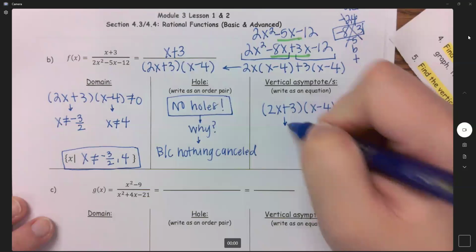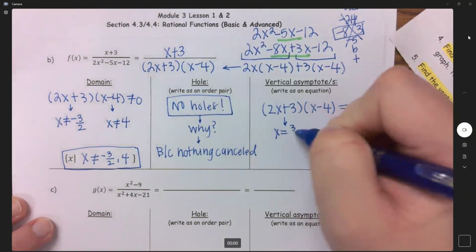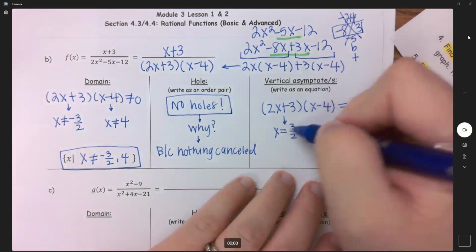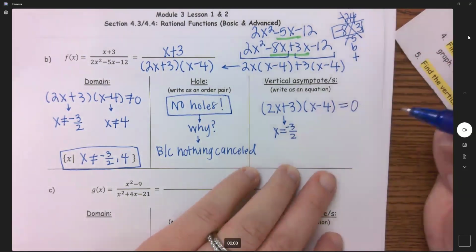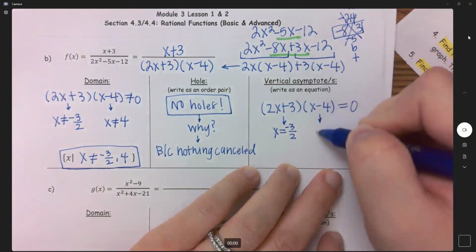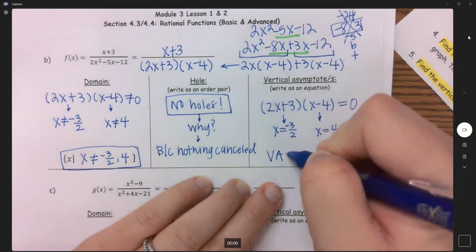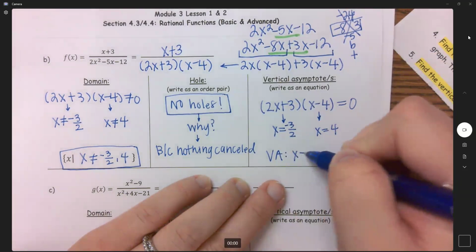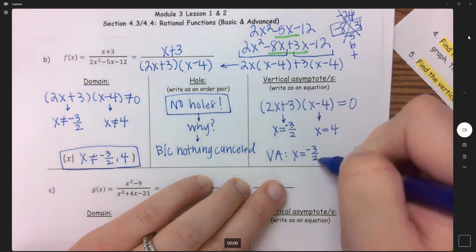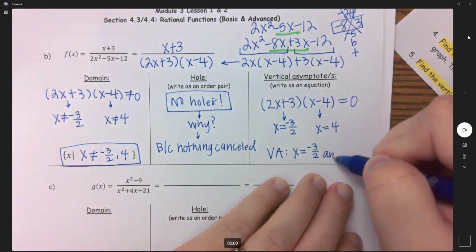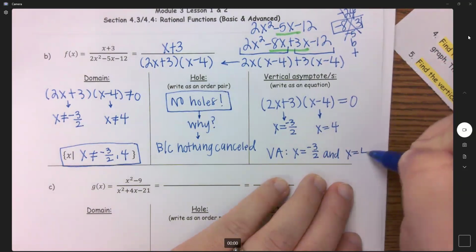So we get the same things. We get that x equals -3/2. And here we get that x equals 4. So we have vertical asymptotes at x equals -3/2 and at x equals 4.